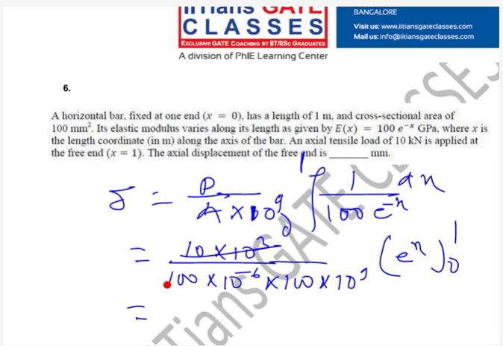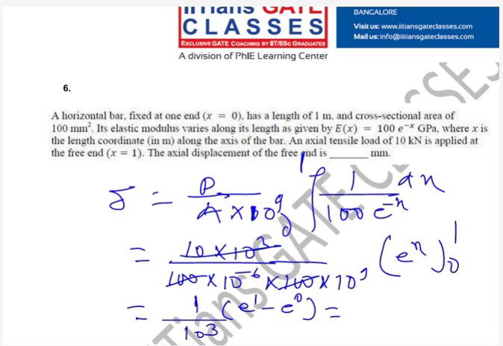So this will get cancelled. So we'll get 1 upon 10 to the power 3 times e power 1 minus e power 0.